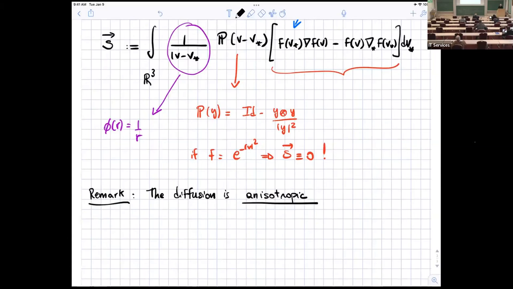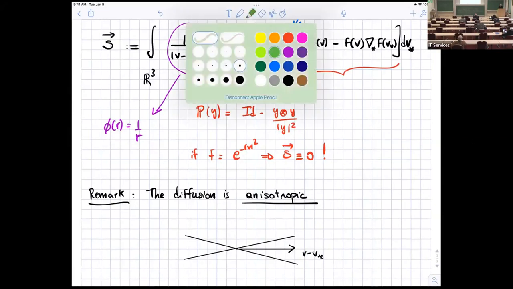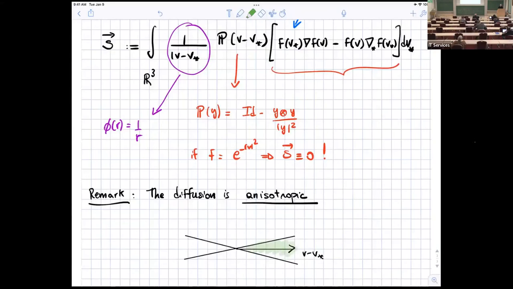If this is the direction of the vector v minus v star, there will be a small cone centered around v minus v star, and if the gradient of f belongs to this cone, this scalar product is very small, because P projects the vector on the space orthogonal to v minus v star.